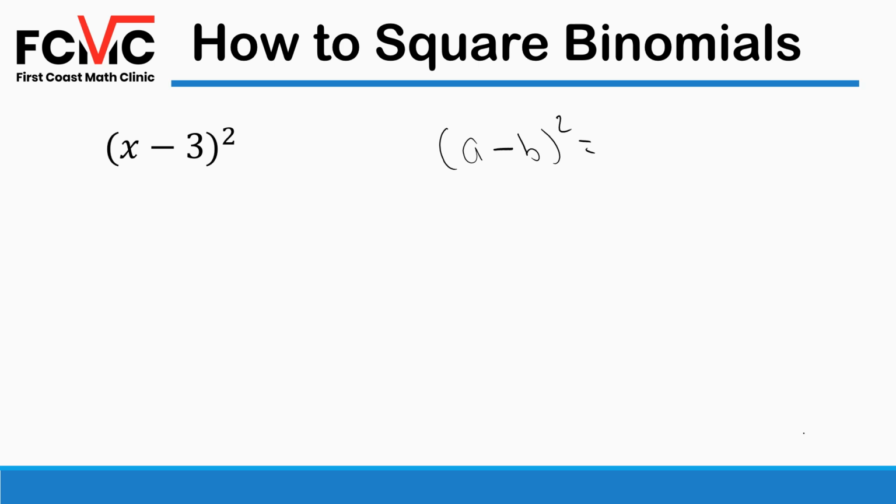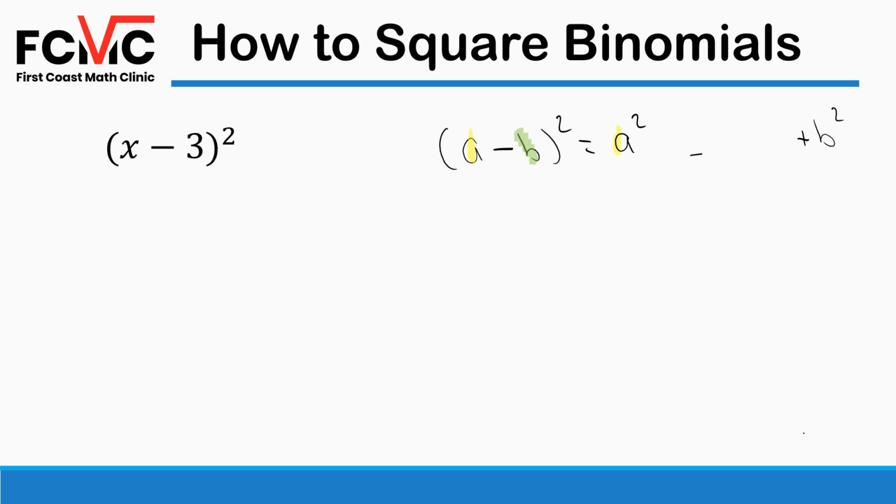We have our two terms a and b, and we're going to get a trinomial out of this. We're going to take our first term and square it, so this is going to be a squared. Then we're going to take our last term and square it, so I'm going to make this positive b squared.